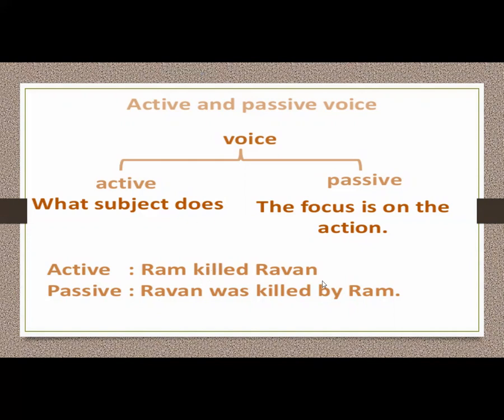Active is: Ram killed Ravan. What was the rule for going from active to passive? Let us repeat again. First was identify the tense. Second was break into subject, verb, object, and third was apply the formula. Let us do all these steps.